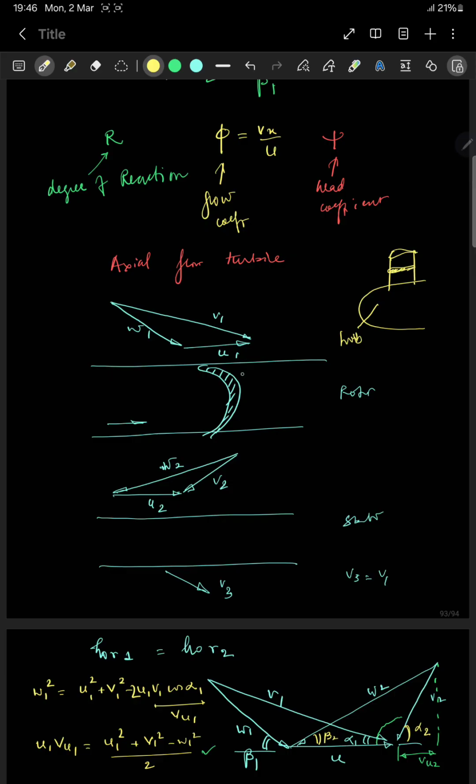At this cross section, which is the mean blade radius, this is the radius of the root of the blade, this is the tip of the blade.